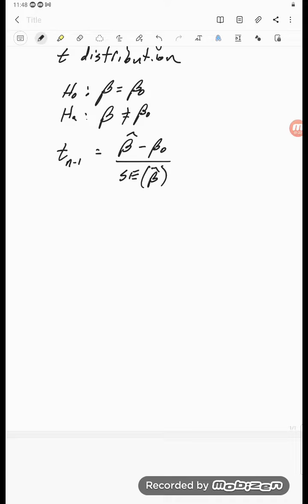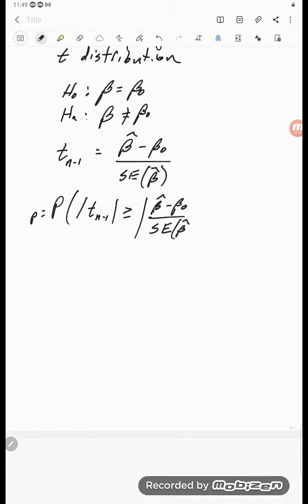And then we just check. We look for the probability. So we'll call this little p, our p-value, the probability that the absolute value of t with n-1 degrees of freedom is greater than or equal to the absolute value of our b hat minus b0 over standard error of b hat.